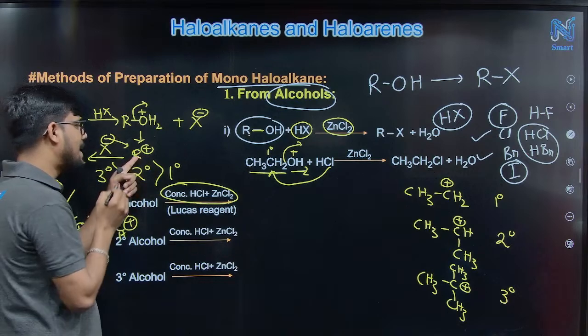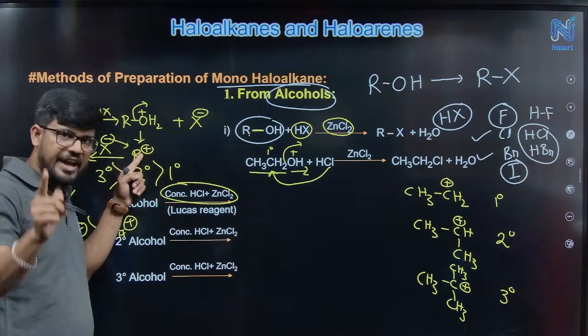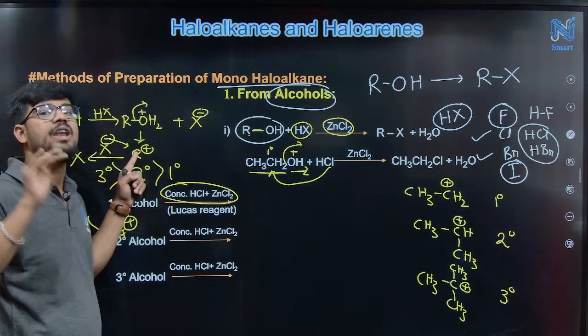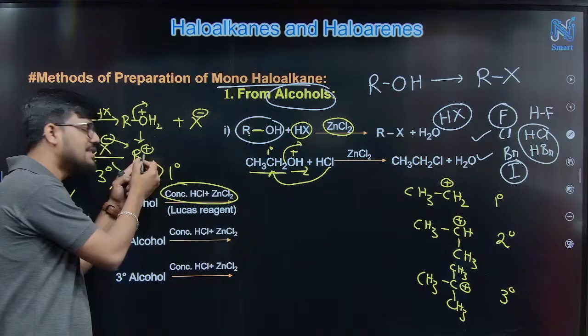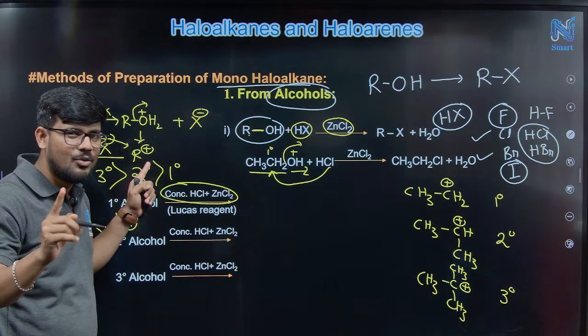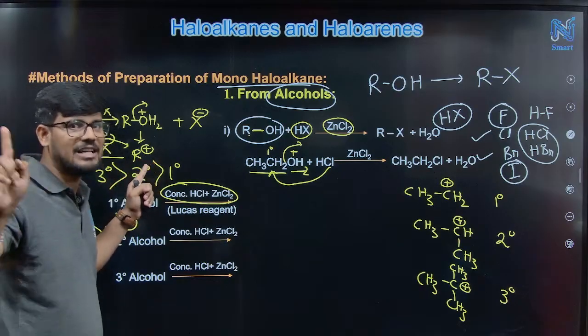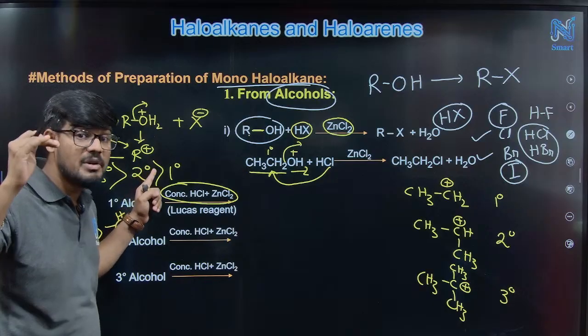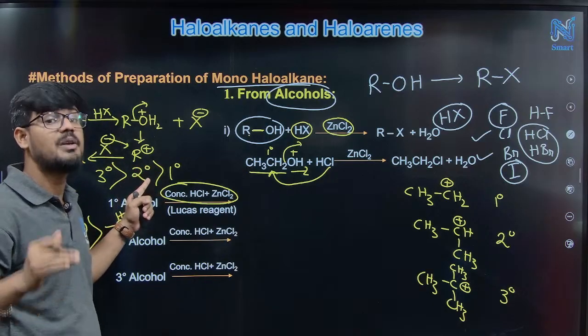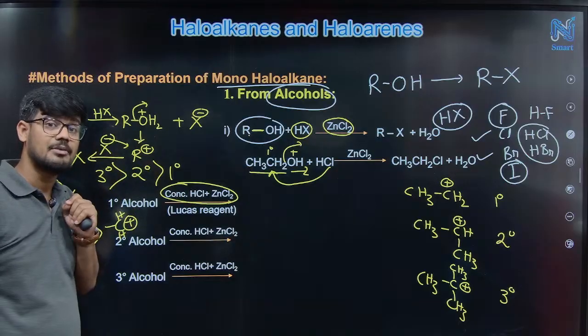Now if this alkyl part is 3 degree, very stable, so this reaction will be very fast. If this carbocation is 1 degree, which is not that stable, the reaction will be very slow, right? The reaction will be very slow in case of 1 degree carbocation.